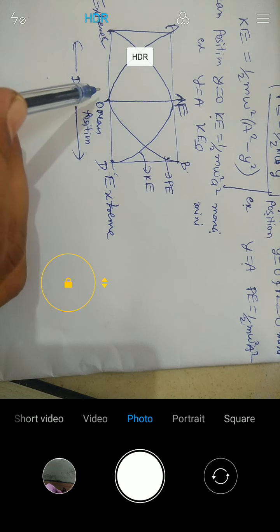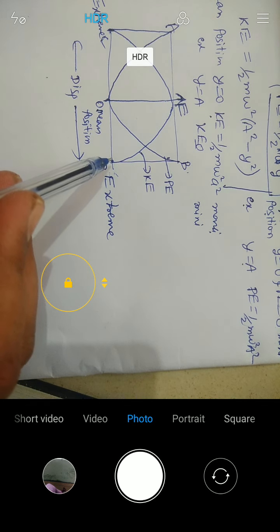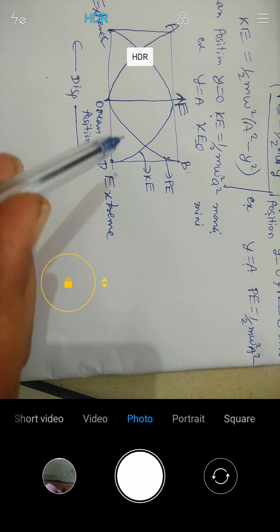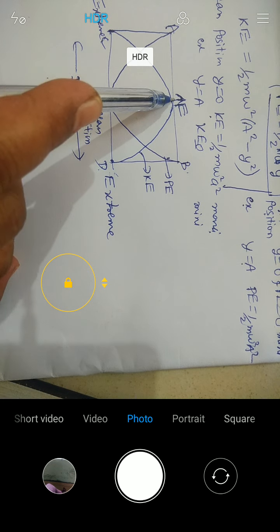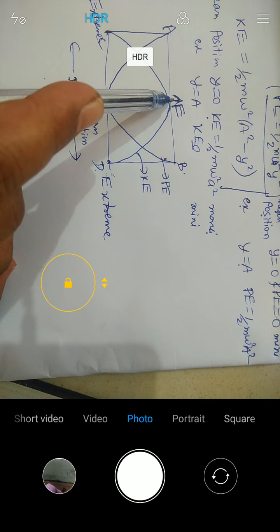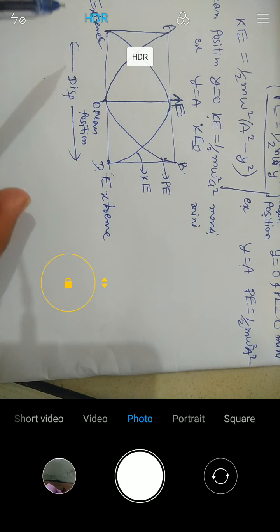The kinetic energy is maximum at the mean position and 0 at the extreme position.